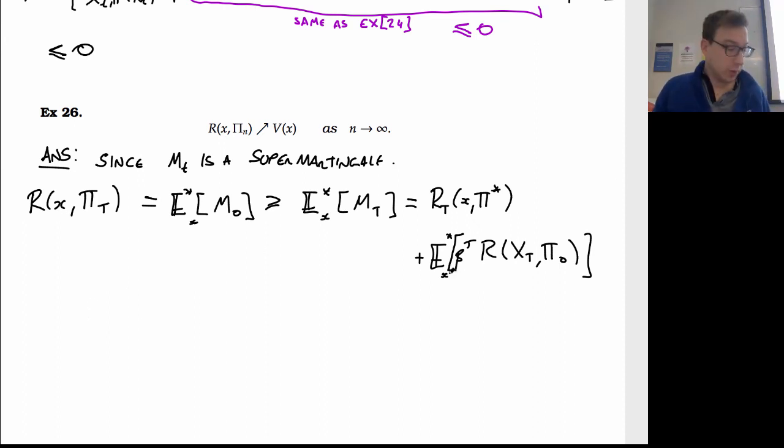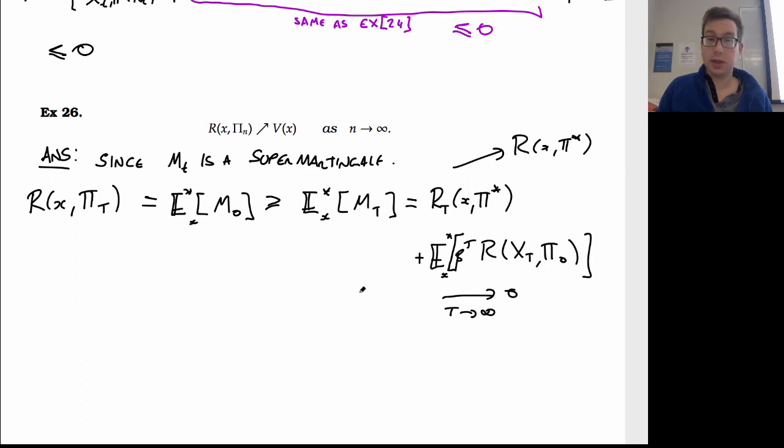So then, given we're working with bounded programming and all the rest of it, I can let t go to infinity for this guy, and this guy's going to go to 0. That goes to 0 as t goes to infinity. And this guy goes to the optimal value function as t goes to infinity, the optimal policy.